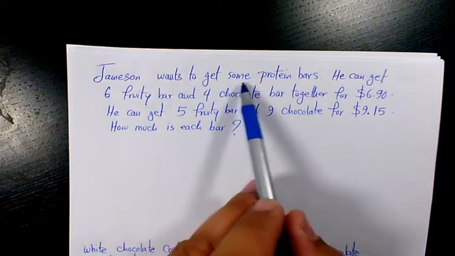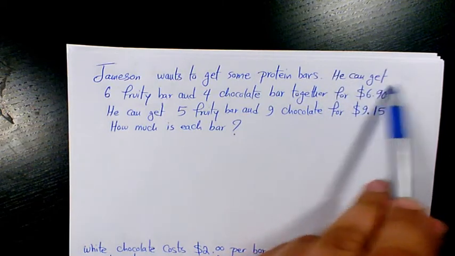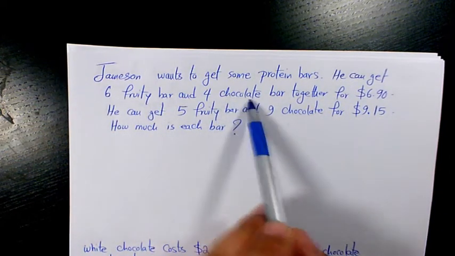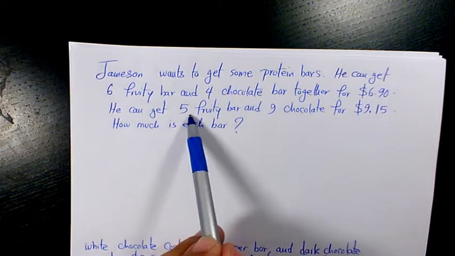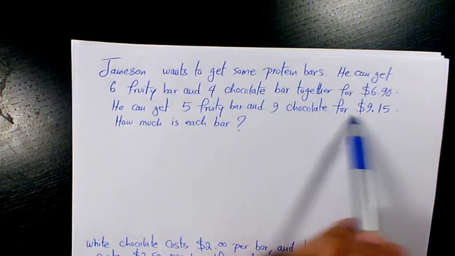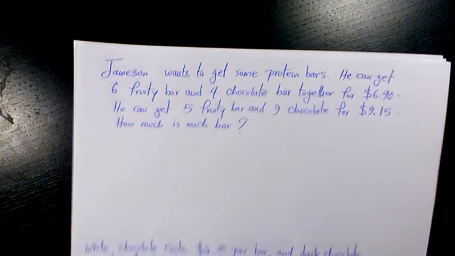Jameson wants to get some protein bars. He can get 6 fruity bars and 4 chocolate bars together for $6.90. He can get 5 fruity bars and 9 chocolate bars for $9.15. How much of each?